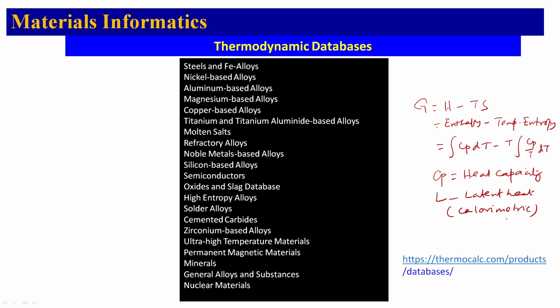Most of the thermodynamic data sets will have that, and then you can build free energy data sets also. This is taken from Thermo-Calc, and Thermo-Calc provides you a lot of databases.